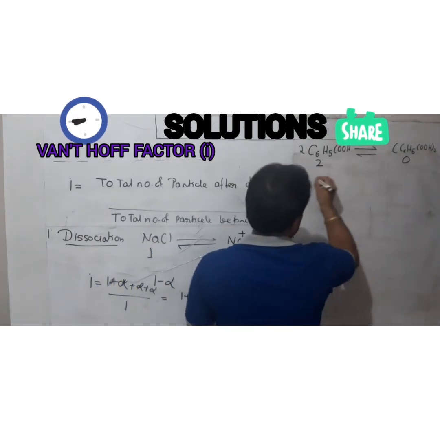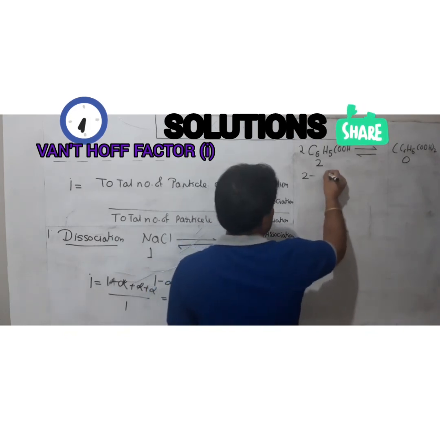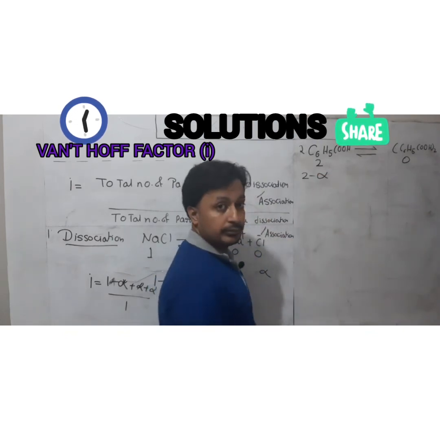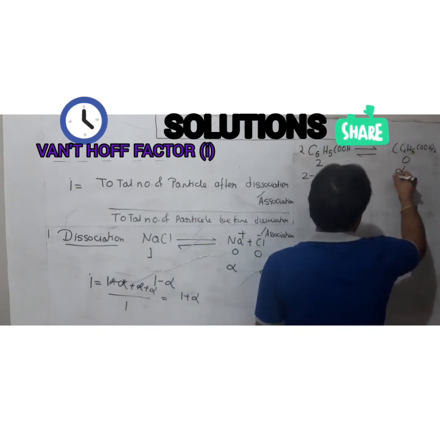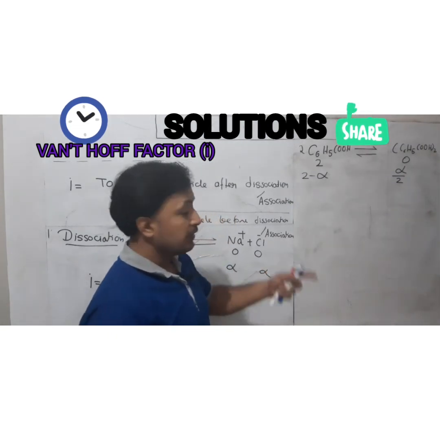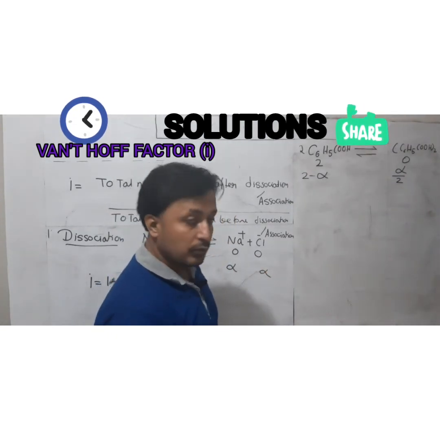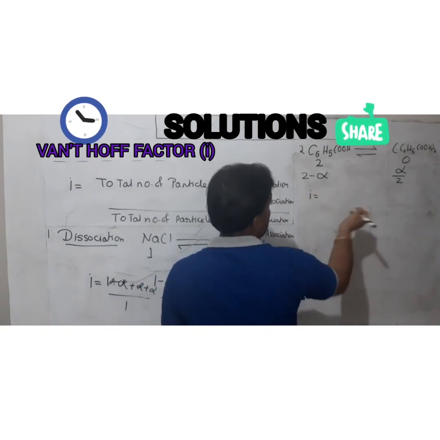When equilibrium is established, suppose alpha is the number of molecules which get associated, so it means it is left with 2 minus alpha. But here the molecules which are formed are going to be alpha by 2, because it is 1 by 2, it means alpha by 2 is the molecules formed. So the value of i will be equivalent to what?